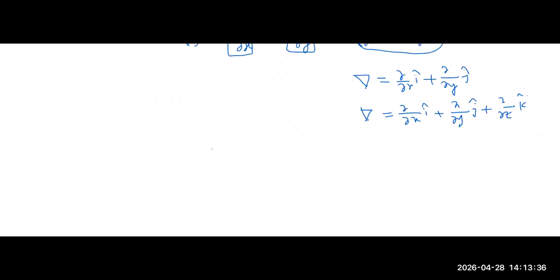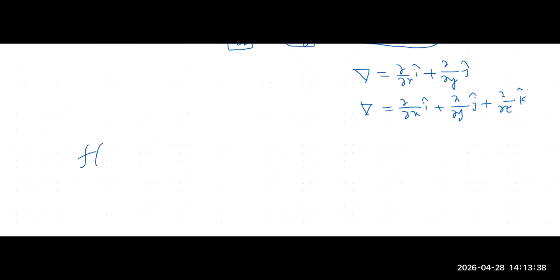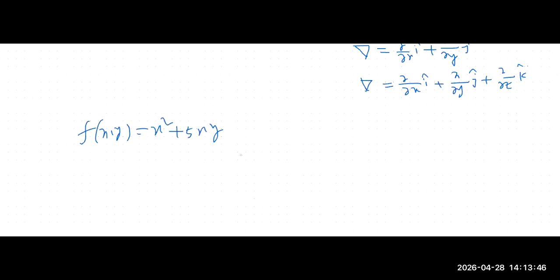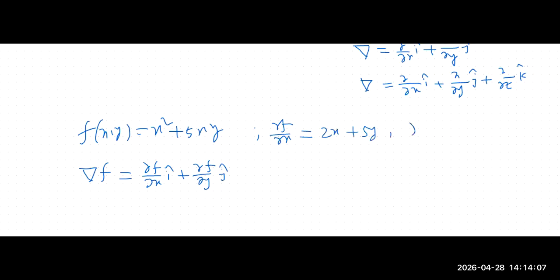Let's say our f of x comma y is x square plus 5xy. Okay, so the gradient of this function f is del f divided by del x i plus del f divided by del y j. In this case, del f divided by del x is twice x plus 5y, and del f divided by del y is equal to 5 times x.